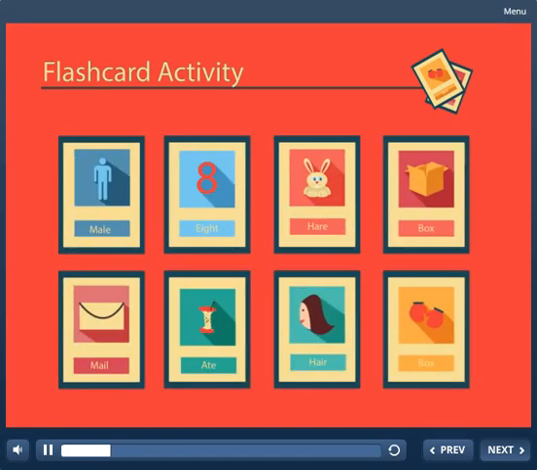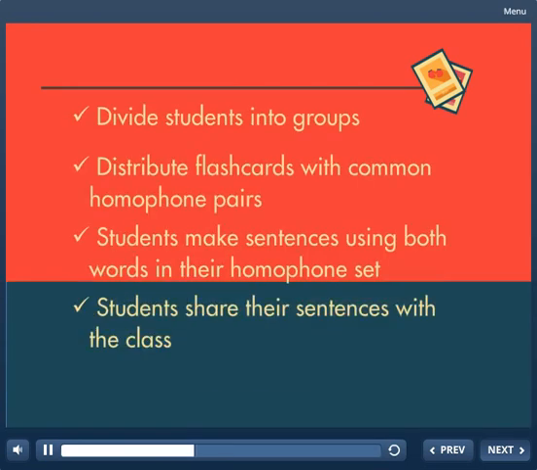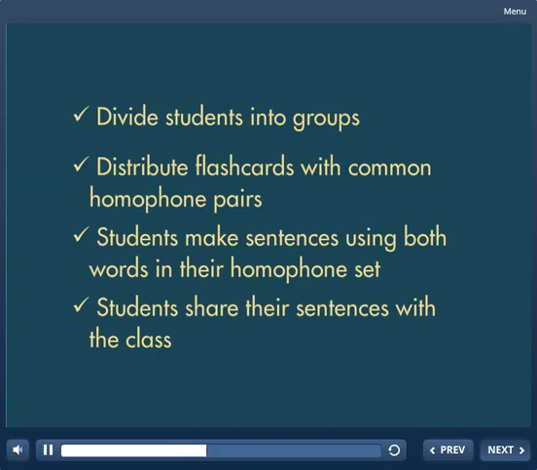If the children might find the word difficult, illustrate that particular flashcard. Here are some homophone sets that you can use. Ask your students to make sentences using both words of their homophone pair.